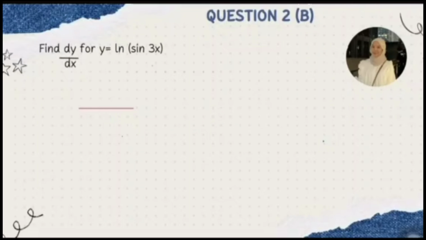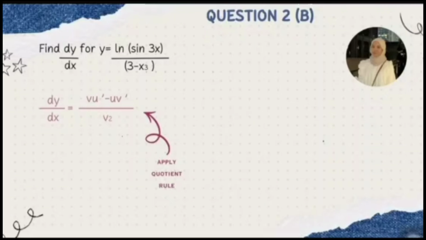Find dy over dx for y equals ln sine 3x over 3 minus x cubed. Here we are applying the quotient rule, which is dy over dx equals vu prime minus uv prime over v squared. Starting by listing down u equals ln sine 3x and v equals 3 minus x cubed.